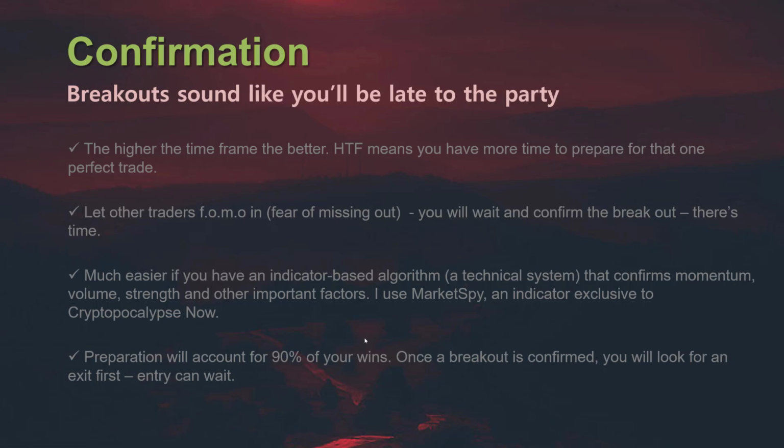But you can use anything you want, RSI, whatever works. Preparation to trade these patterns will account for 90% of your wins and also 90% of your time. Once a breakout is confirmed, you will look for an exit first and entry later.